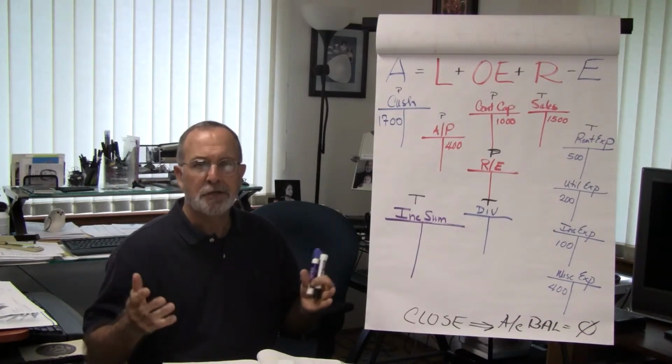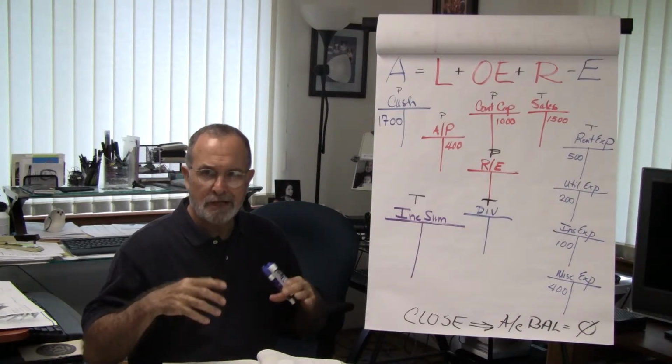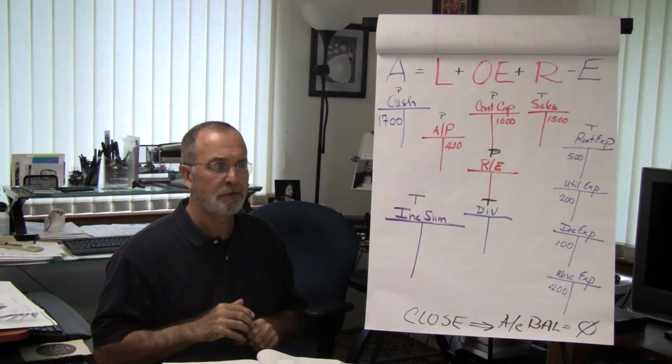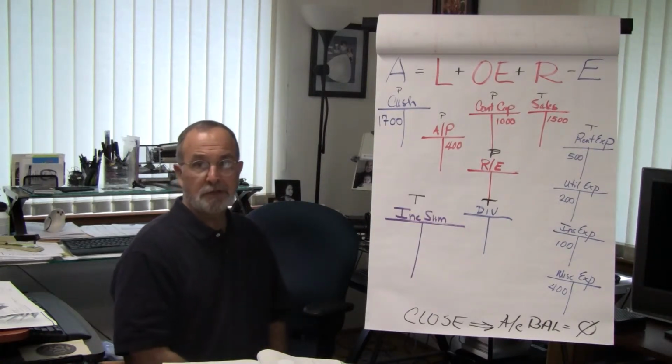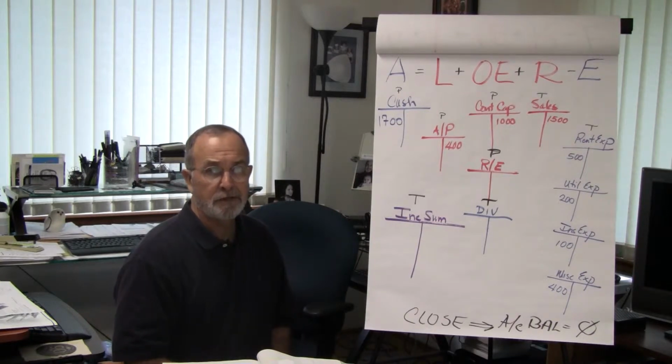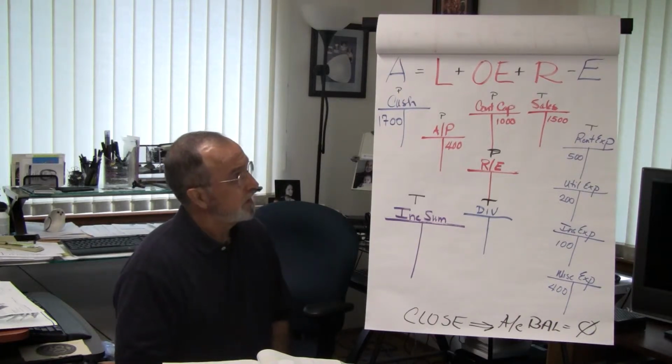So you can look at it in that way, kind of a one-button approach to the closing process. But for our purposes, we want to look at the journal entries that are involved in closing.